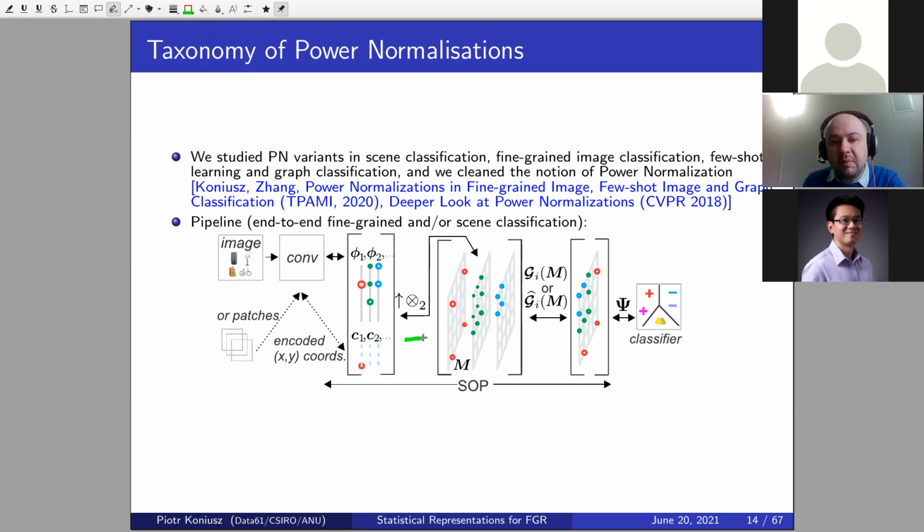We perform an outer product over here, and then we perform some pooling with function G or G hat. So here by G we will mean element-wise operators that operate just on rows of features, and by G hat we will mean spectral. Once the pooling is performed, one just passes it into the classifier.